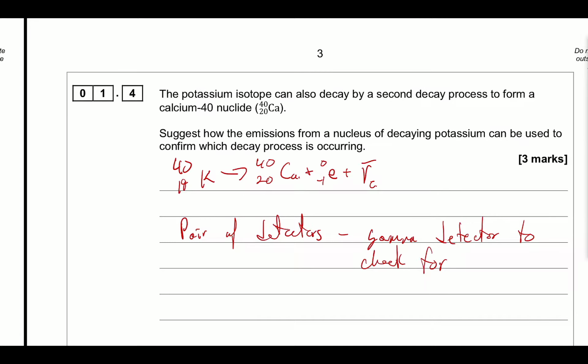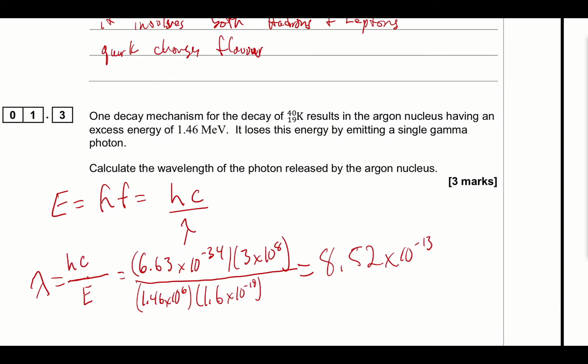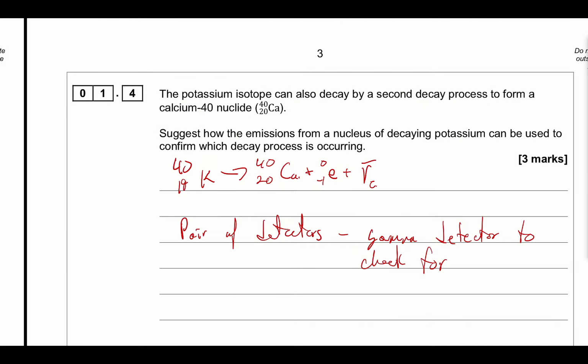I don't know if I like that or not, because it only says here, it doesn't say that every time you're getting a gamma photon, and with this you'd probably still have gamma decay, but you could definitely have something to detect the electron. So actually, I'm going to get rid of the pair of detectors thing, because what I'm going to be worried about is detecting the electron.